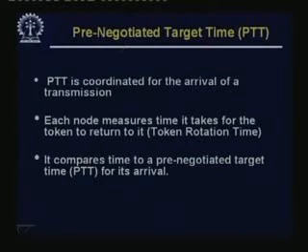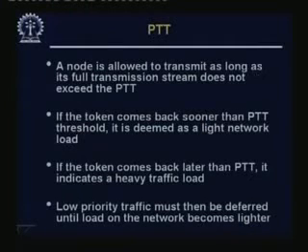This is how it is calculated. There is a pre-negotiated target time called PTT. PTT is coordinated for the arrival of a transmission. Each node measures the time it takes for the token to return to it, that is the TRT we have talked about. It compares that time to the pre-negotiated target time PTT for its arrival. A node is allowed to transmit as long as its full transmission stream does not exceed the PTT.